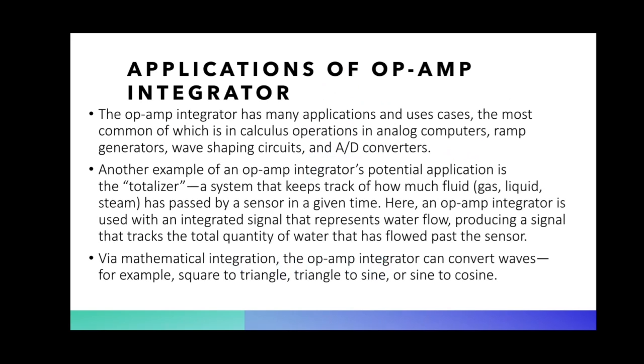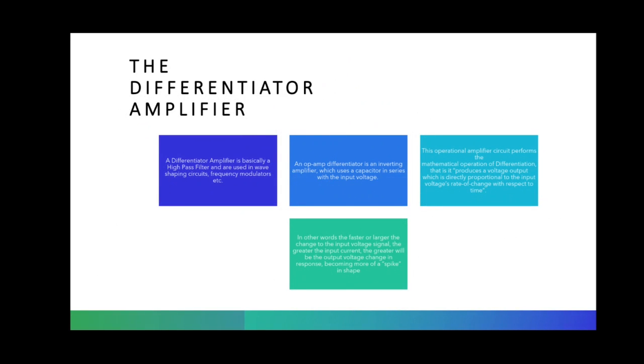In analog computers, it is used as ramp generators, wave shaping circuits, and A to D converters. Another example of a potential application is the totalizer, a system that keeps track of how much fluid has passed by a sensor in a given time. Via mathematical integration, the operational amplifier integrator can convert waves, for example, square to triangle, triangle to sine, or sine to cosine.